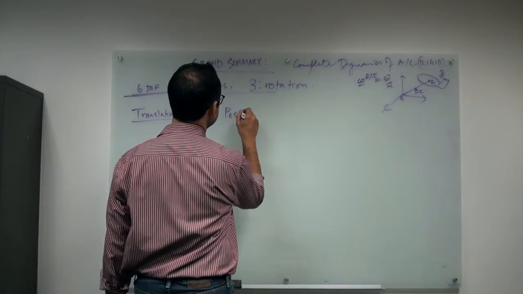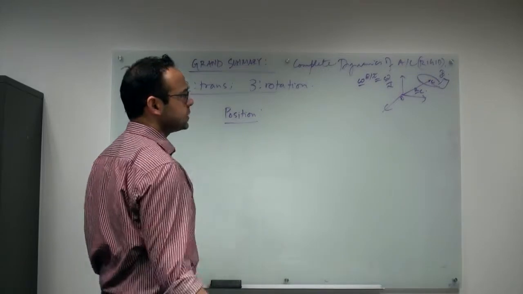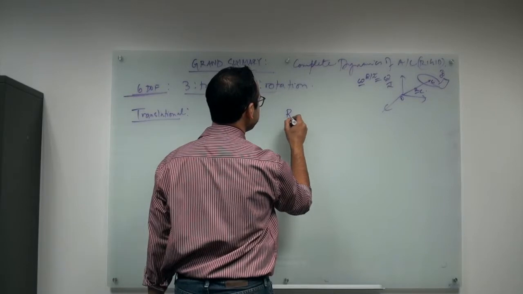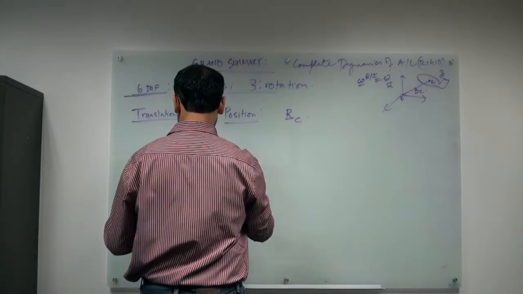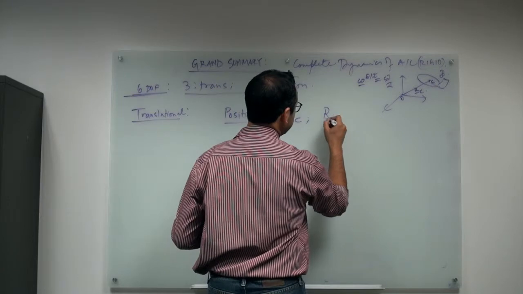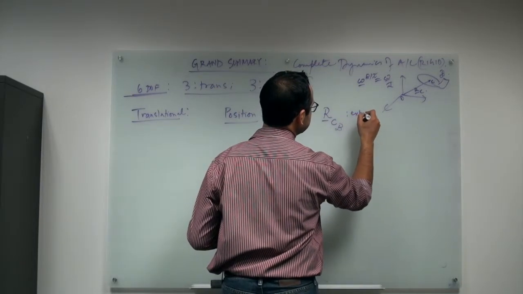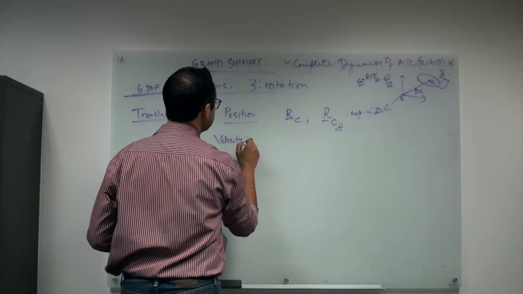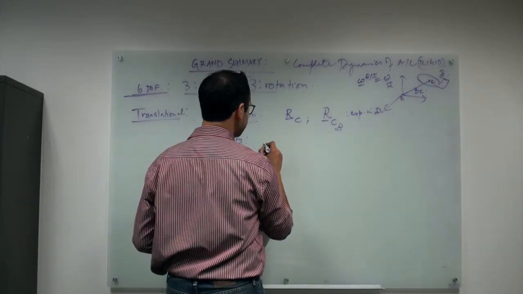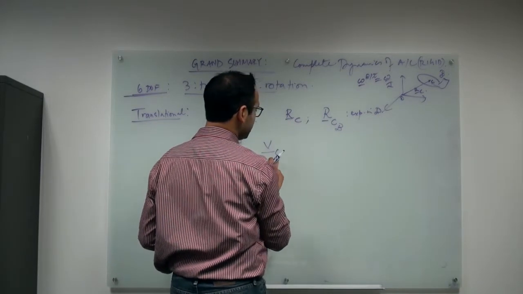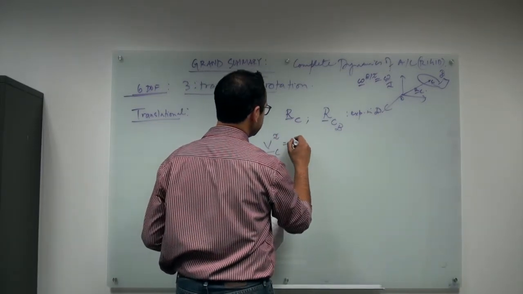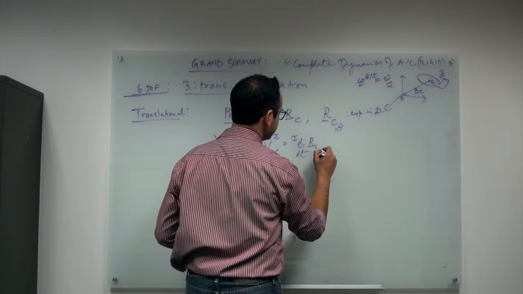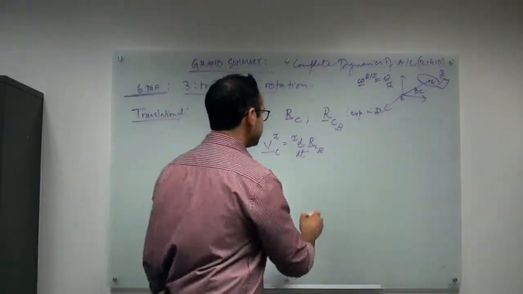Position is RC, because translation is translation of the center of mass. Okay. And you can express it in the B frame if you like. This is RC expressed in B. Velocity. Now we are only interested right now in the inertial velocity. It's the velocity of the center of mass. Okay.